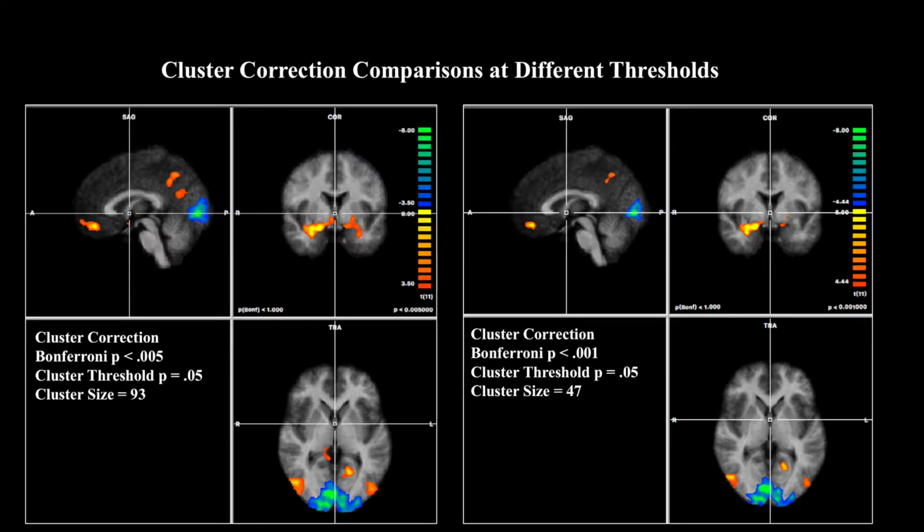We can observe that the cluster size of the p-value at 0.005 is much larger. It is 93, versus the cluster size at 0.001 is only 47. This shows us an increase in p-value will create a larger cluster size. Try playing around with different p-values and see what results you get.